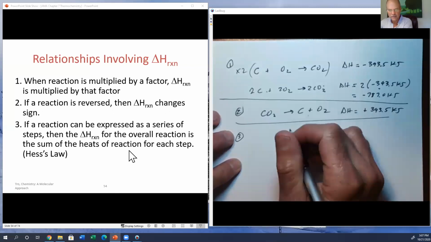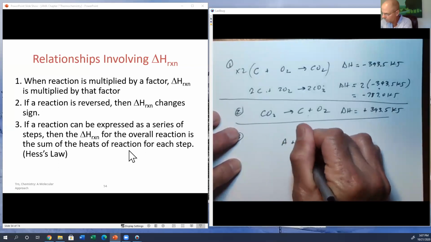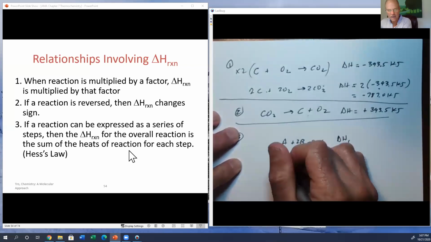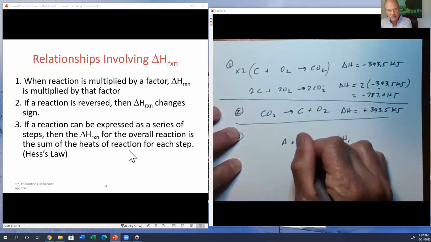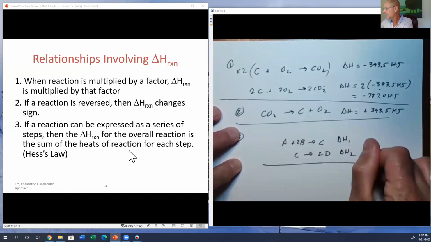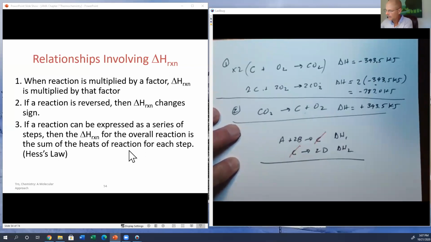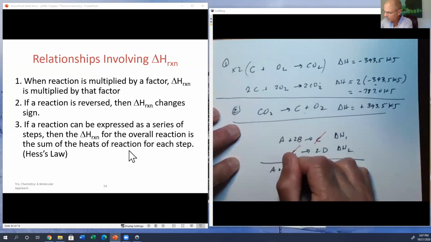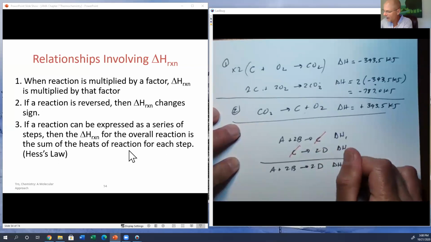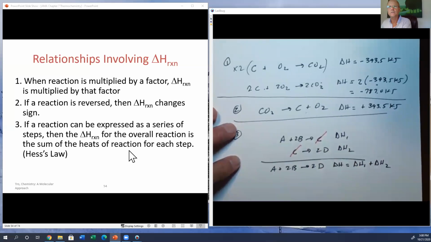So for example, if I have A plus 2B goes to C, and I know delta H for that, and then if I have C goes to 2D, and I have delta H for that, I can sum these two together, and I get the reaction A plus 2B goes to 2D, and delta H for that reaction is just the sum of delta H1 plus delta H2.